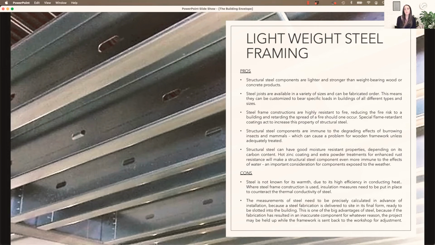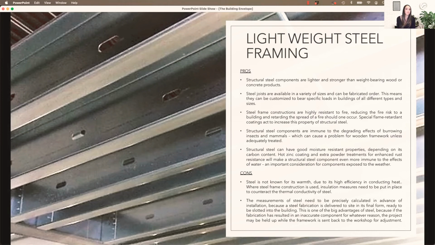So in commercial buildings, you oftentimes will see this lightweight steel framing or steel framing instead of wood framing. Sometimes that has to do with fire codes or fire prevention. Sometimes it's just because it's stronger and it can hold more weight.